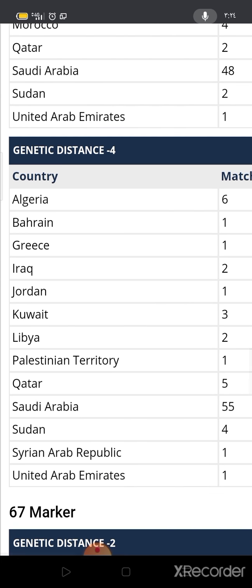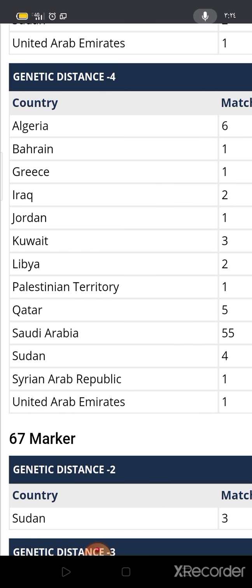Here also, 37 markers, genetic distance 4. That means we have a difference in only the last 4 markers among 37 markers. Okay.